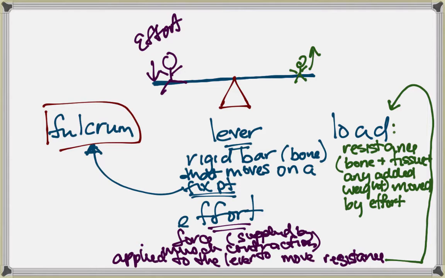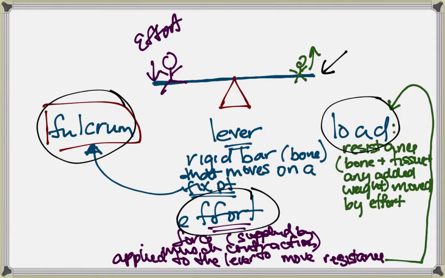So in all of our examples on how joints are located, in every single example that we talk about, the lever right here is always going to remain the same. What's going to move is the fulcrum, the effort, and the load.